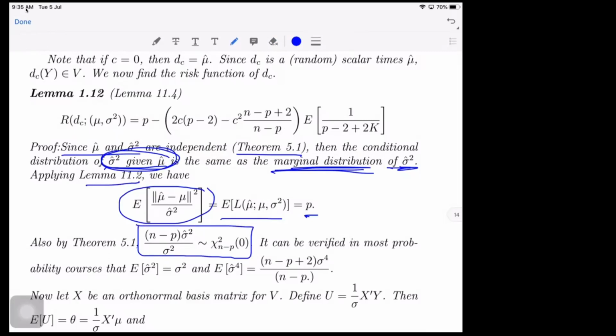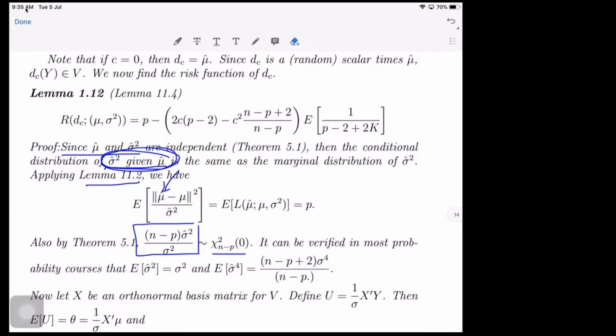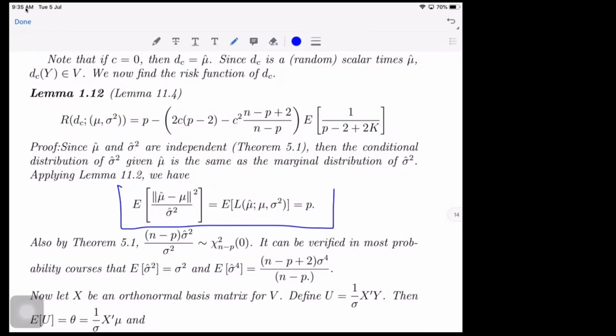so that we know that the distribution of sigma hat will be chi-square with this transformation, n minus p sigma hat square over sigma. And when we use mu hat, the risk associated with that is P. We have shown that earlier. Okay, so these are known results.